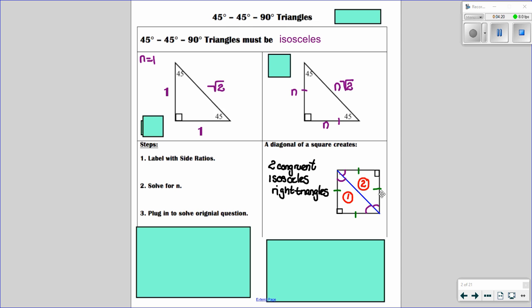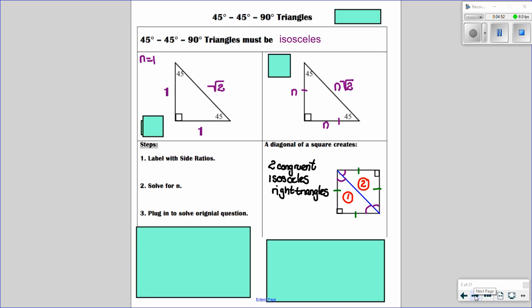You make another one, the same thing, with angles 45 and 45 for one triangle, and the other triangle will also have 45 and 45. When you put them together, you get all four congruent sides and the angles are 90, 90, 90, 90. You've got a square. So with the 45-45-90, when you put them together, we create that square. And also, the diagonal will create two congruent isosceles right triangles.